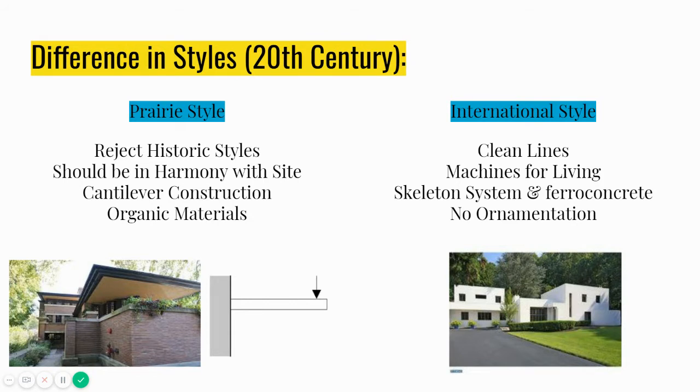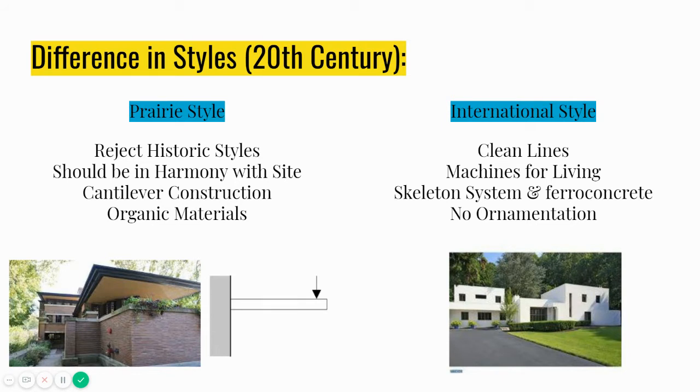You really shouldn't have to manipulate the land in order for the structure to work. Visually and aesthetically, the architecture should flow and work well with the land. A huge technological advancement for prairie style is cantilever construction, which we will talk about, and then the use of organic materials, being stone, rock, concrete, wood, things like that.